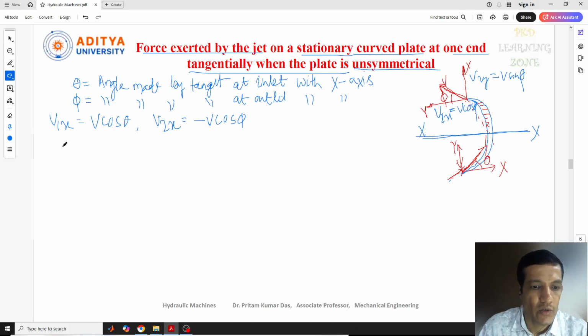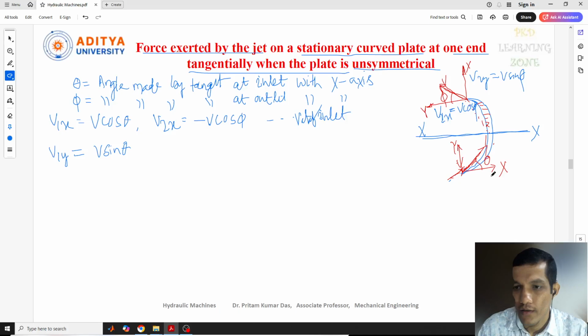And here similarly, this is the velocity component at the inlet condition. Similarly, at the outlet condition, the velocity component v1y is v sin theta, and v1x is v cos theta. This is our v1x and this is our v1y.